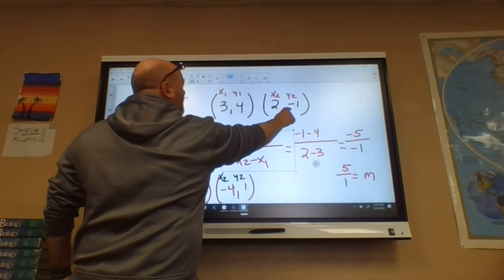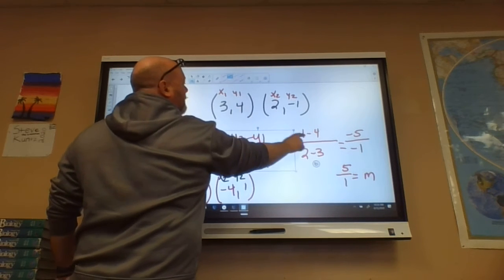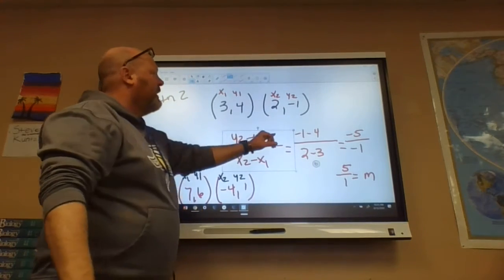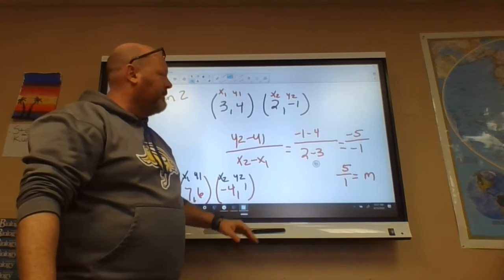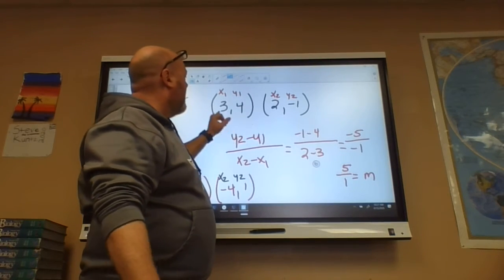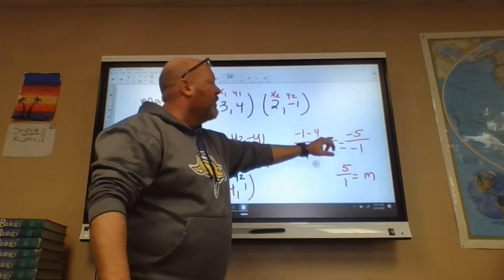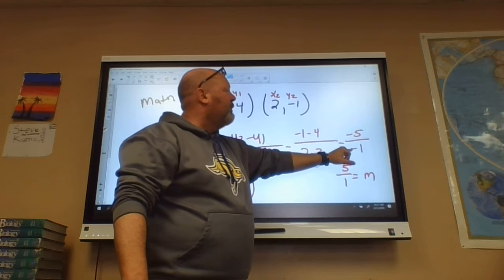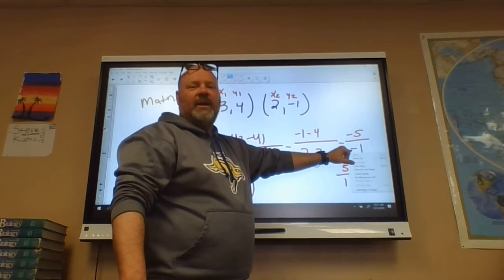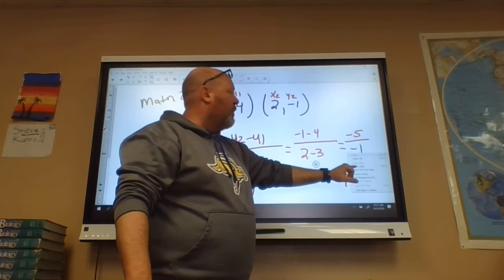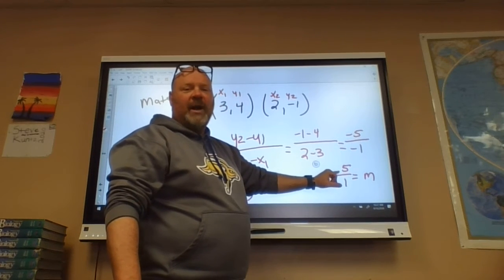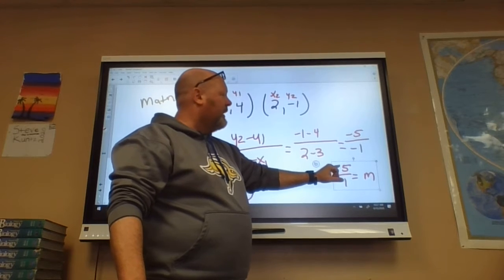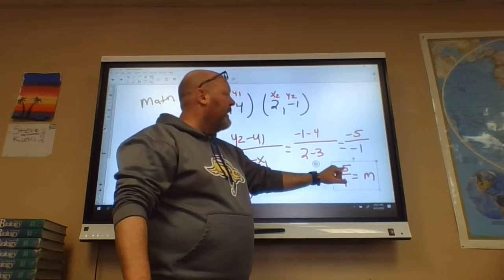So that would be -1 minus 4, which gives us -5. Then we have 2 minus 3. So I have -5 over -1. A negative and a negative is a positive. So our slope on that one would be 5 over 1, or you could just write 5. So m is always slope, and that's 5 over 1.